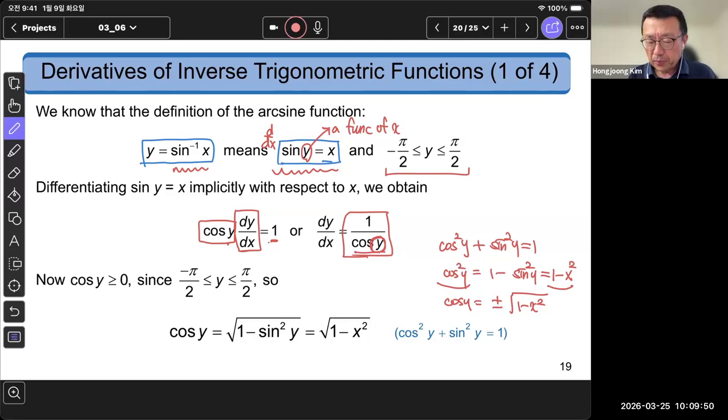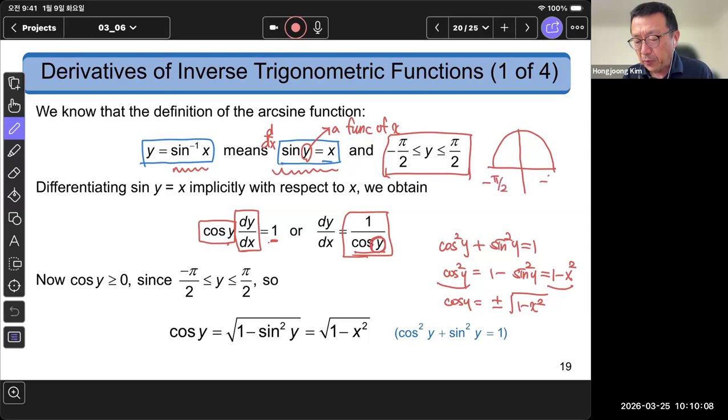Now at this point, since y is limited between minus half pi and half pi, here is the cosine graph between minus half pi and half pi. Between minus half pi and half pi, the cosine function will be positive, non-negative.